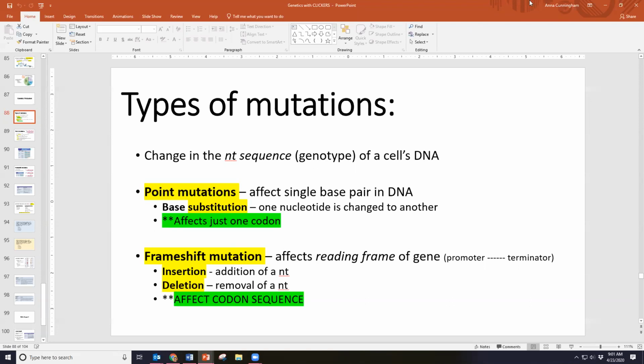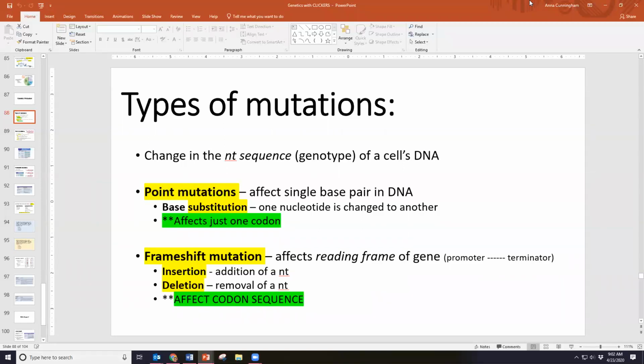Okay, so just a reminder, we did talk about mutations, so let's go over the two major types of mutations. We have point mutations and frameshift mutations. Point mutations are those that change a nucleotide, basically exchange one for another, and it's called a substitution.